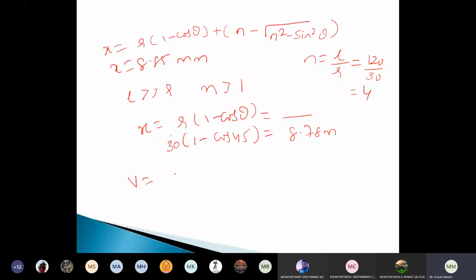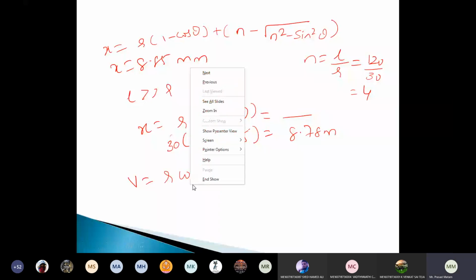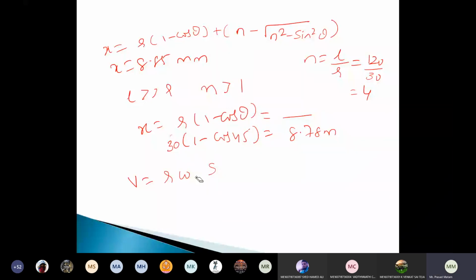What is the formula for the velocity? R into omega into sin theta.